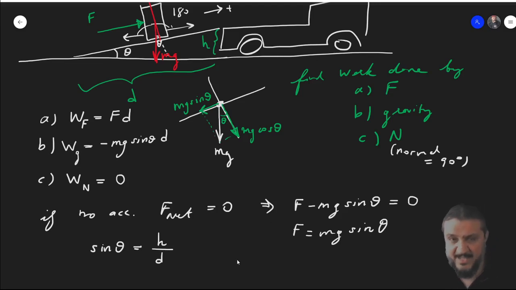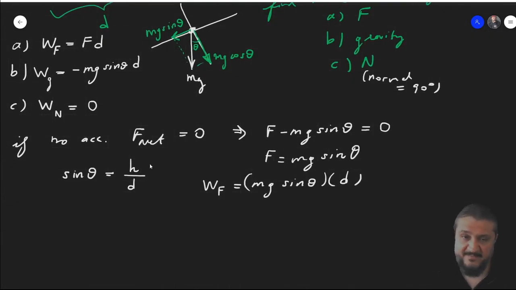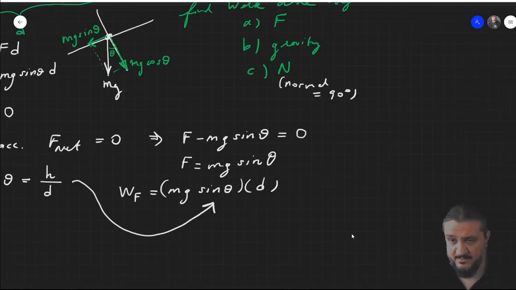So in part A, then, since F is equal to mg sine theta, the work done by that force is equal to mg sine theta times d, right? That's what we found. So why don't we plug sine theta in there?